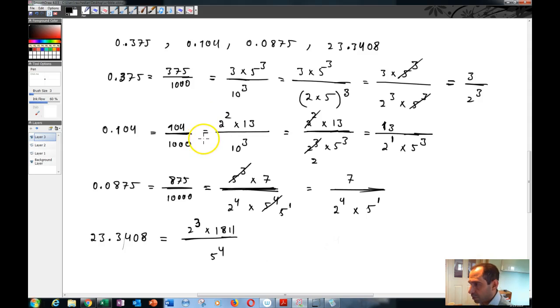So what that means is that if the decimal representation of some rational number is terminating, then that rational number in the denominator has some factors of 2 and some factors of 5.